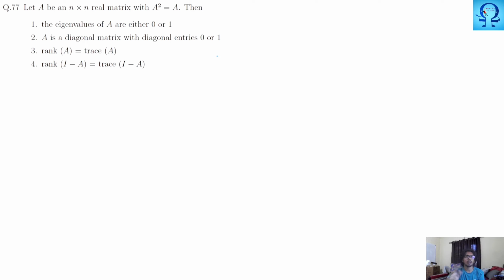A is given to be any n by n real matrix such that A square equals A. Then which of the following are true? This is the question, right? I think we have worked this problem in one of the previous videos, so let me just give you the hint. If this is given, then you can very well take an annihilating polynomial, that is x square minus x, so x into x minus 1.